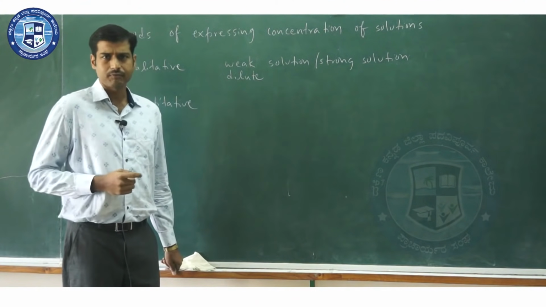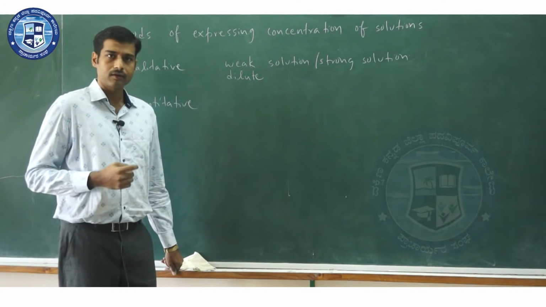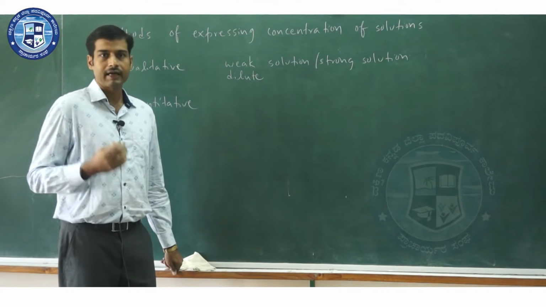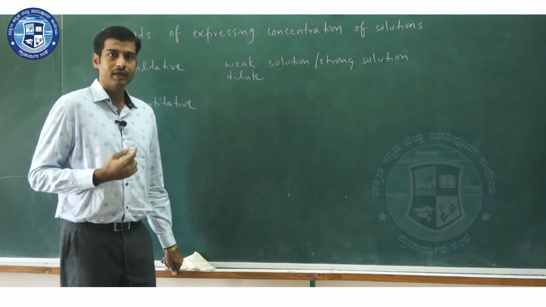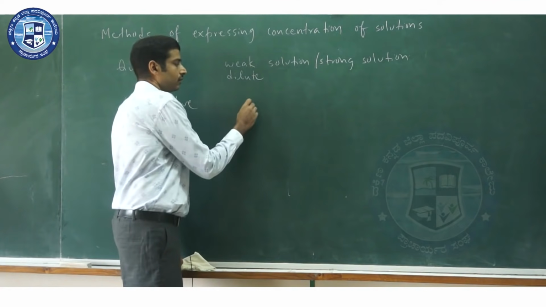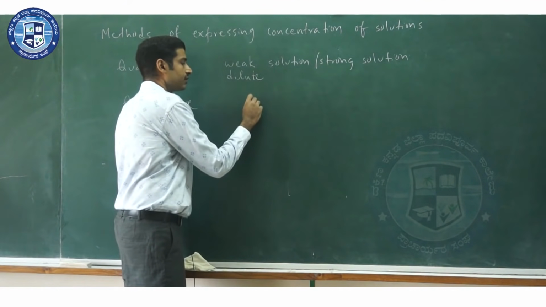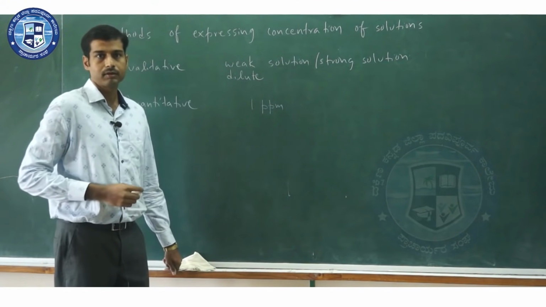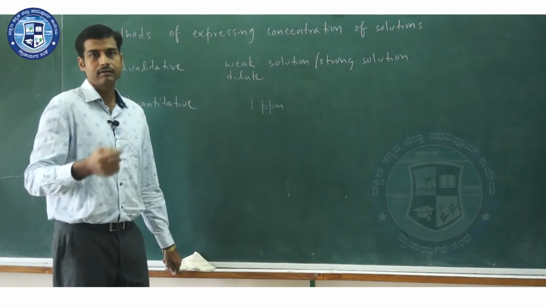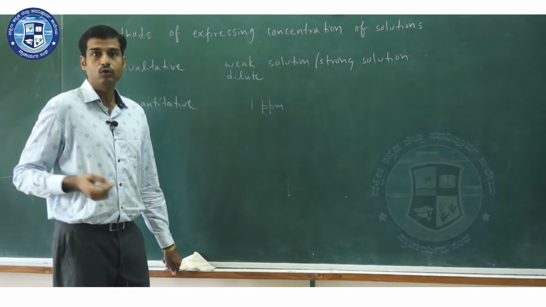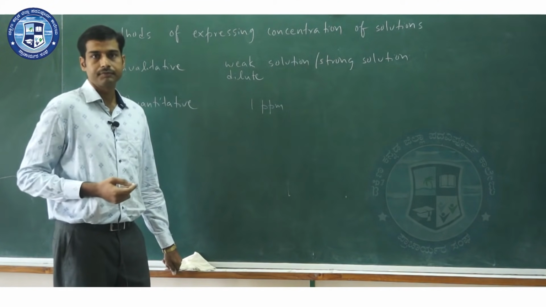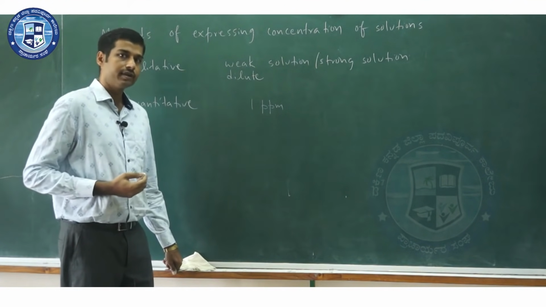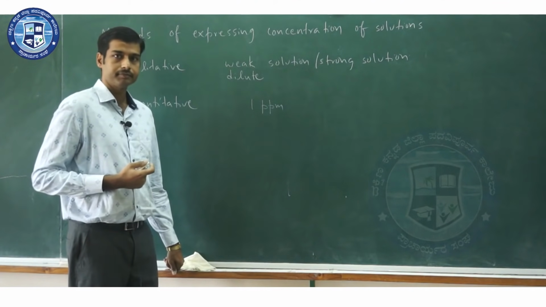Let me take a couple of examples. If I take the concentration of fluoride in solutions, I have three examples. One is a solution of fluoride whose concentration is around 1 ppm, parts per million, and this is the composition in toothpaste, which is used to prevent decay of teeth, for dental hygiene. 1 ppm.